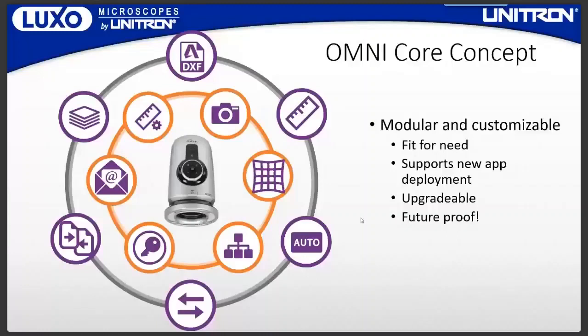You can also use advanced apps as you need them. They're shown in purple around the outside. This approach allows greater flexibility with your needs and budget, and it allows for the addition of more apps as they're developed and as your needs grow. The Omni Core is really practically future-proof.